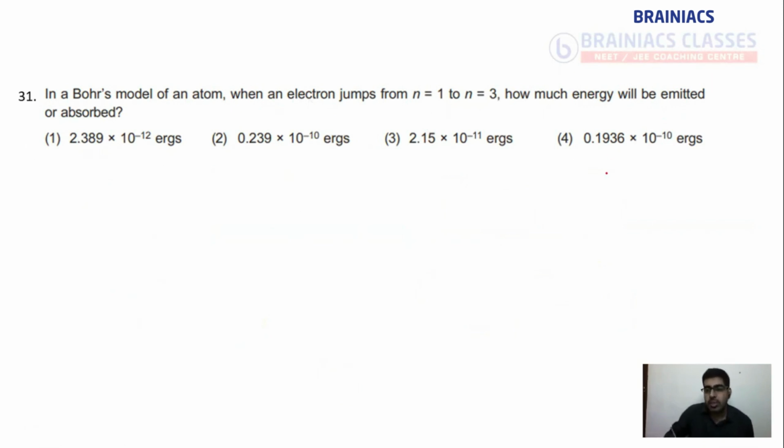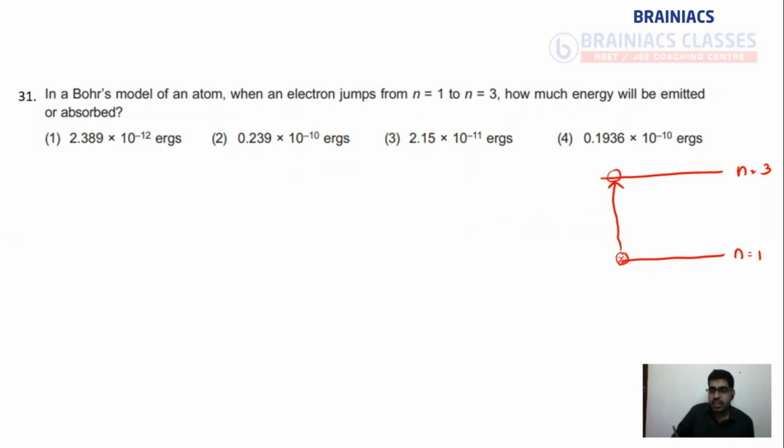So here an electron migrates from n equal to 1 to n equal to 3. Now we have to calculate how much energy is absorbed.